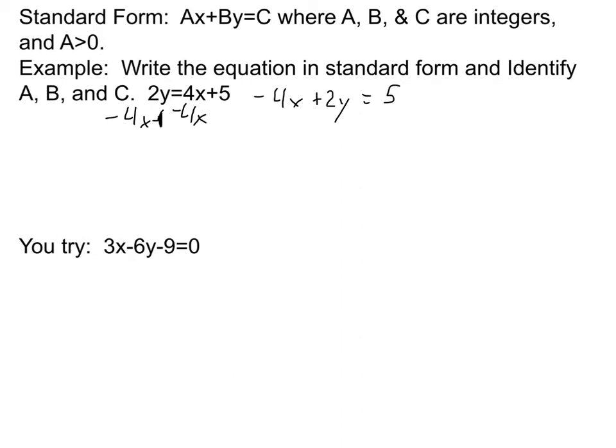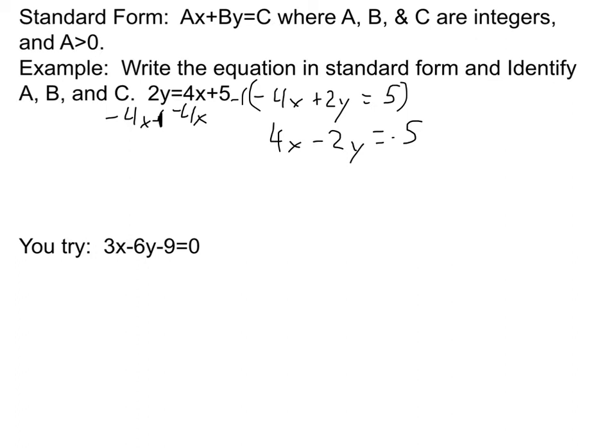Okay. Standard form says that a has to be positive, though. Right now, a, the number that's multiplying x, is a negative. So we need to multiply this whole thing by negative 1. That would change this to a 4x, then minus 2y equals negative 5. So it'll just change the sign on everything.